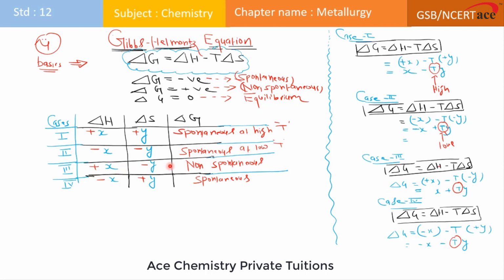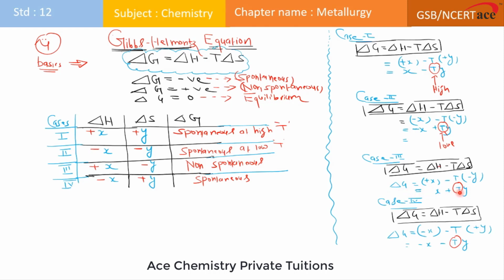In the third case, if I am substituting the value, delta H will be plus X and delta S is minus Y. So if you will see here, the values X as well as this Ty both become positive. So in all the cases, whether you will increase the temperature or decrease the temperature, the delta G will be positive.